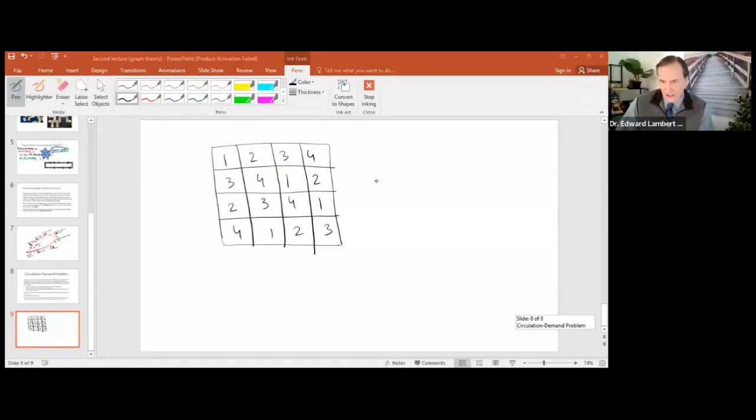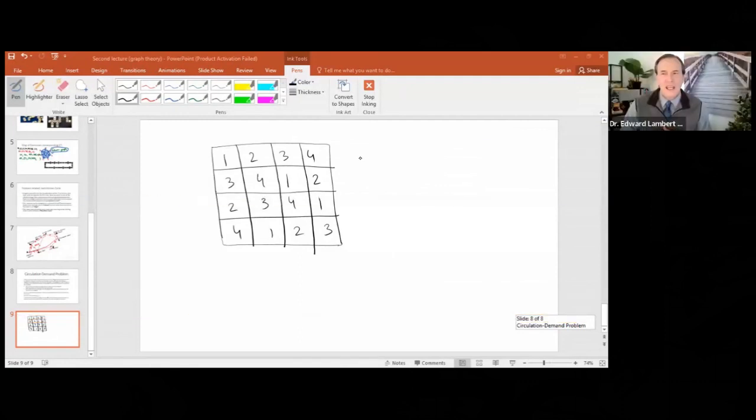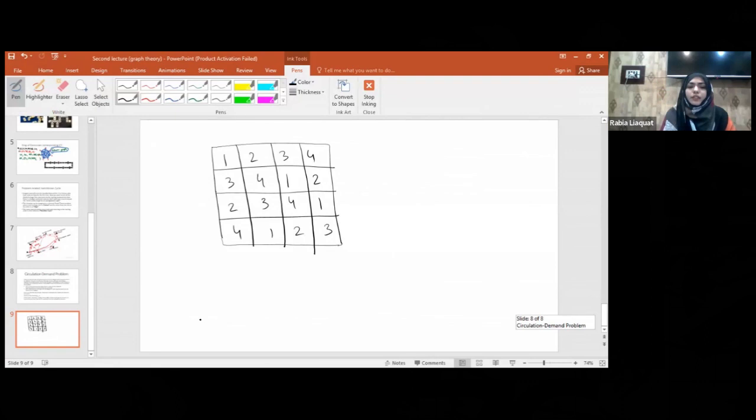I have a question. What is the difference between graph theory and Venn diagrams? Venn diagrams, like this one, and graphs are points and their relationships.